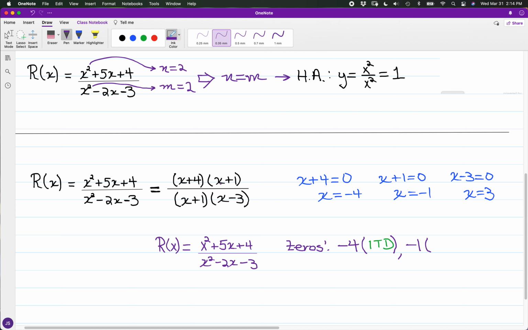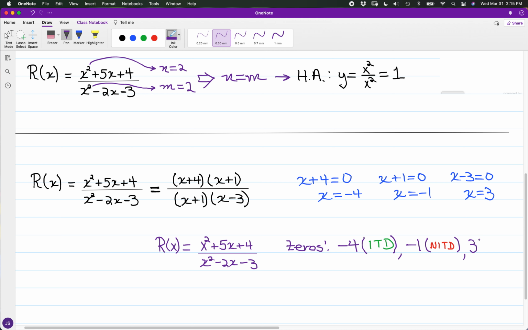However, the tiebreaker sends negative 1 to the category not in the domain, because x plus 1 is also in the denominator, and you cannot have a 0 numerator if you also happen to have a 0 denominator. So in this case, we have negative 1, we'll say NITD, not in the domain.